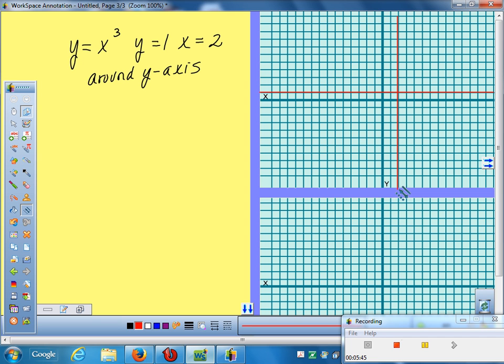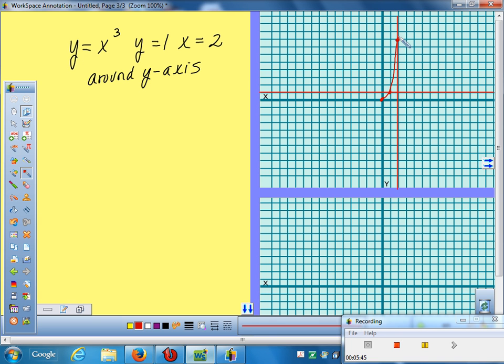And then x cubed would be our favorite parabola. That starts where? 0, 0, 1, 1, 2, 8. 1, 2, 3, 4, 5, 6, 7, 8, and we're going to hit. So do I really need to draw the bottom of the parabola?